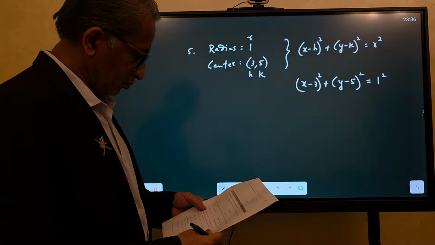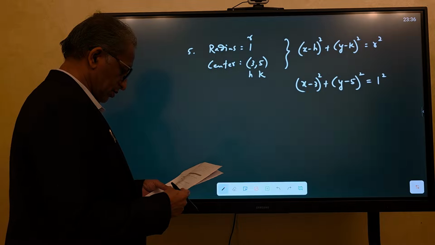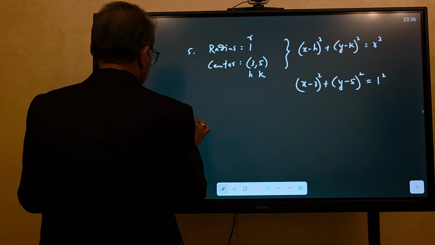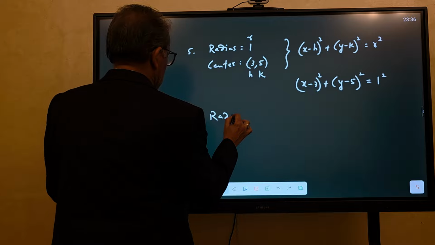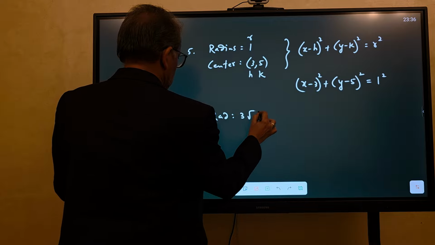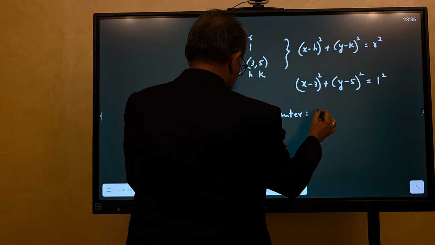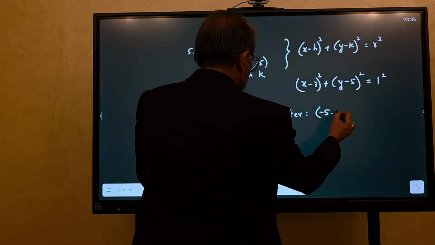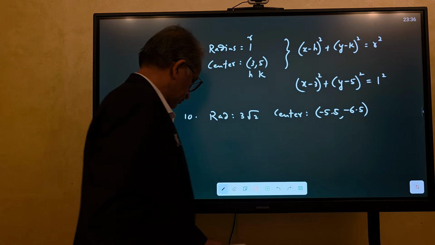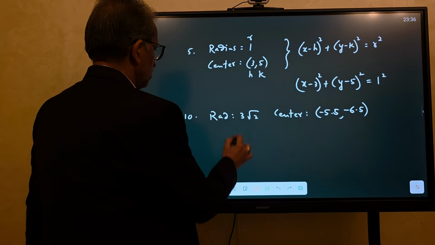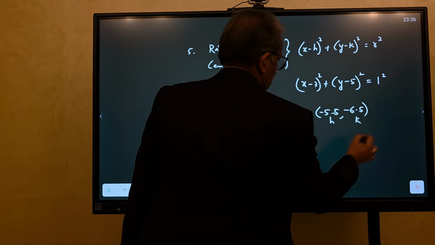Similarly, you can do this one, number 10. Radius 3 root 2, center minus 5.5 comma minus 6.5. So this is r, this is h, this is k.